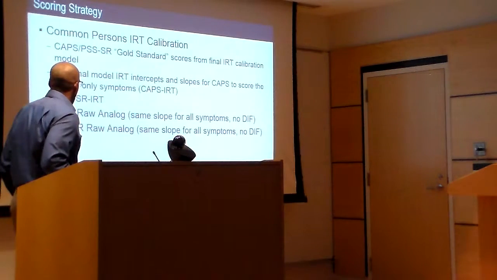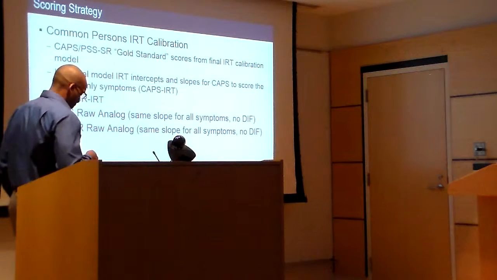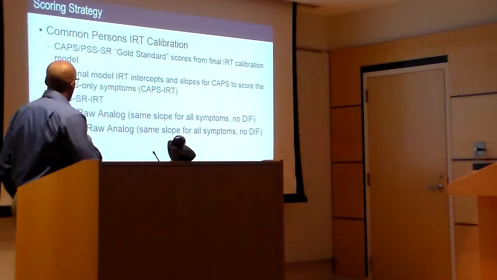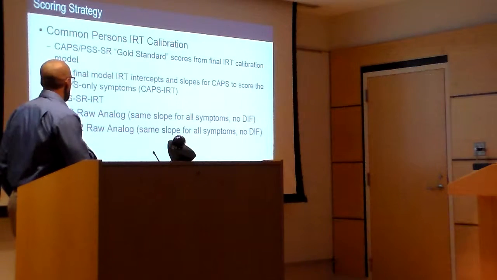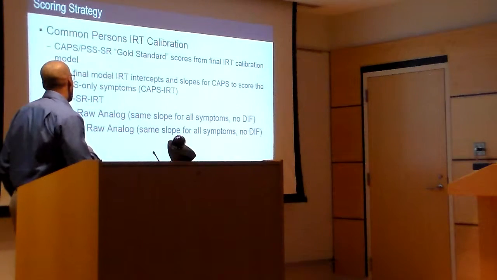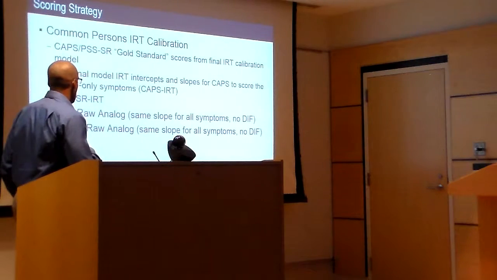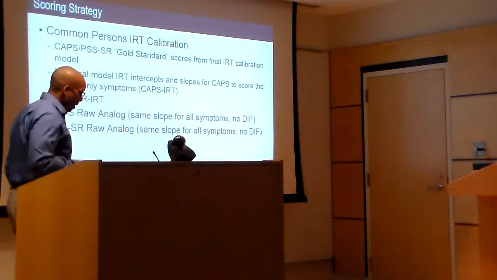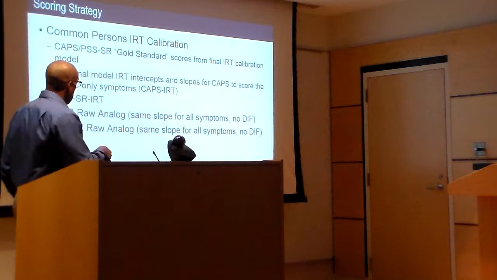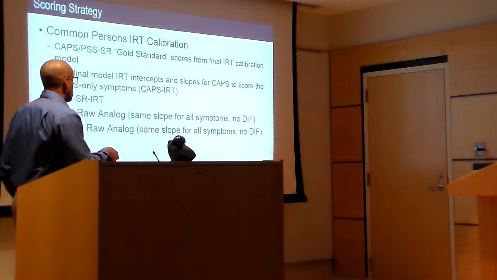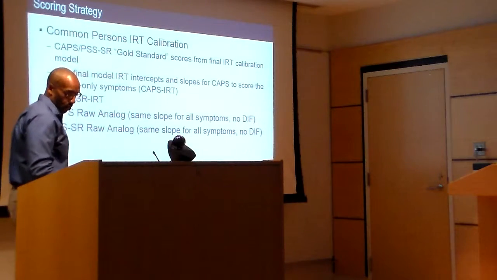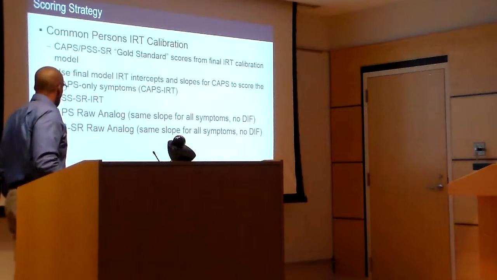So we've got 5 scoring strategies: again, gold standard, calibrated CAPS, calibrated PSS, and then raw score analogs in standard score metric. We're assuming the slope is the same for all symptoms, which we know isn't the case, and we're assuming no differential item functioning across reporters, which we know is not the case.